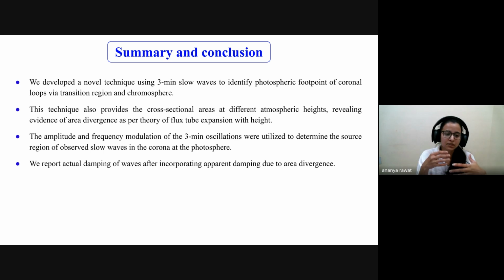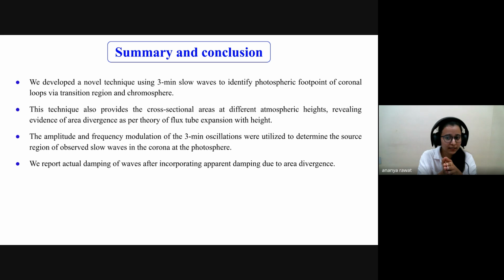Now, since we have studied the propagation of these waves from the photosphere to the corona, these waves show signatures of damping as well, and there is a significant amount of damping due to the area divergence.